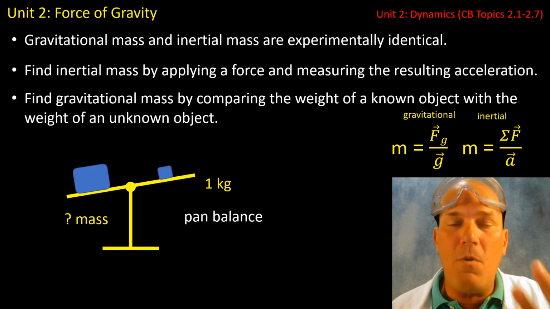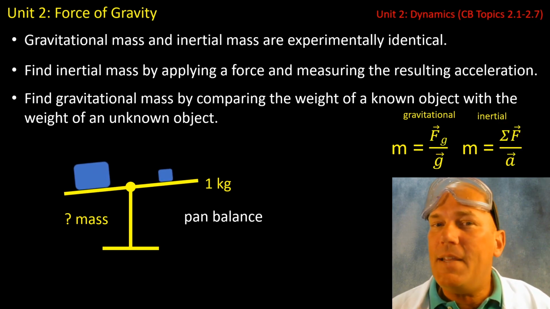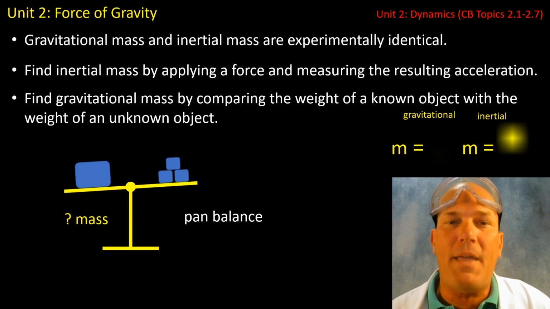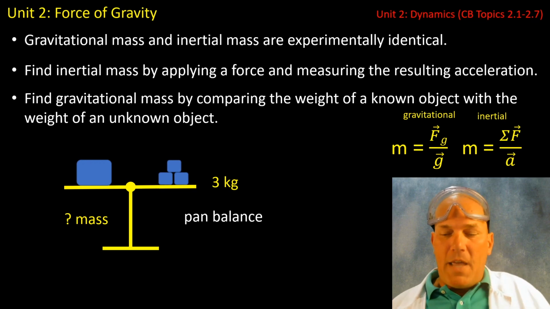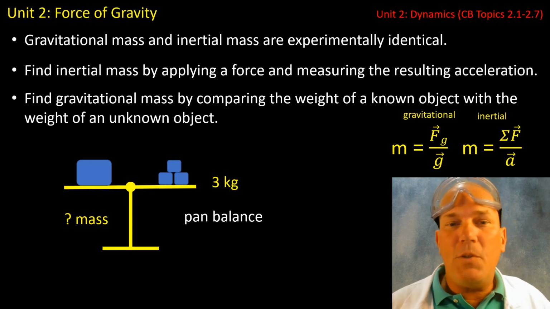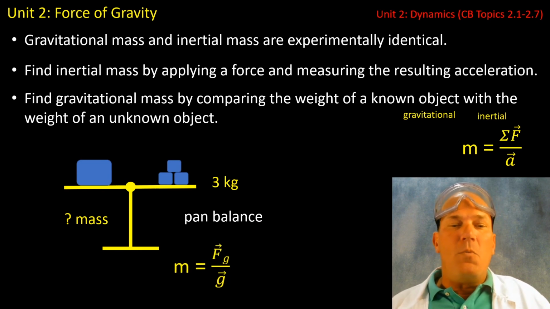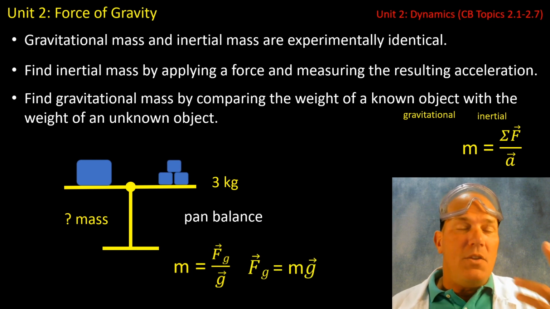So let me add 1 kilogram to the pan balance. And that didn't quite do it. Let me add another 2 kilograms to the pan balance, and that leveled it out. So now we can make the determination that this object's weight must be 30 newtons.